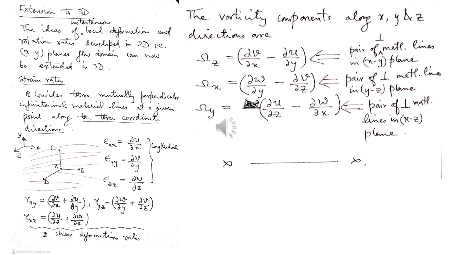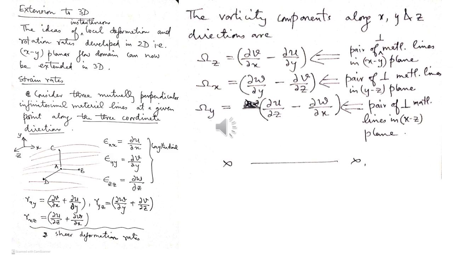Well, there are definite reasons for not doing it this way. If you want to develop local deformation rate and rotation rates by considering an infinitesimal material line in a three-dimensional flow field, the mathematics tends to be very, very involved and complex in comparison to 2D.